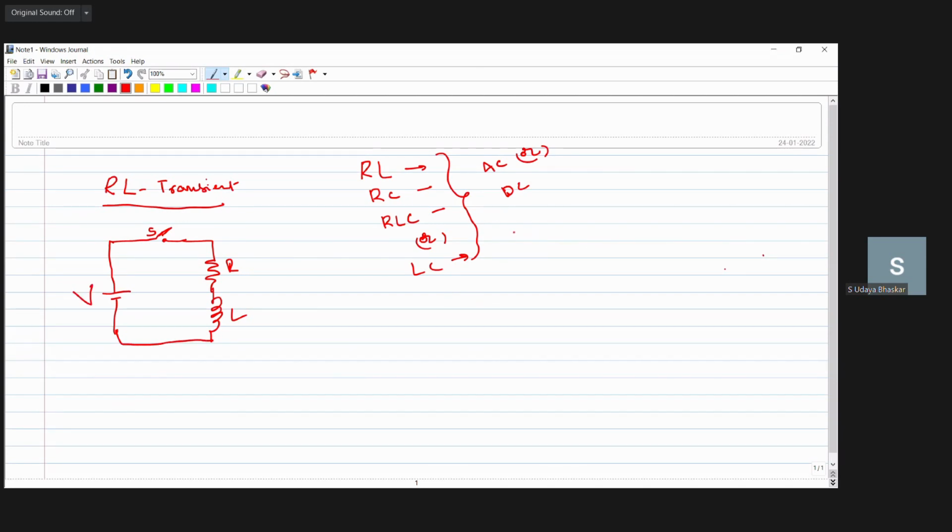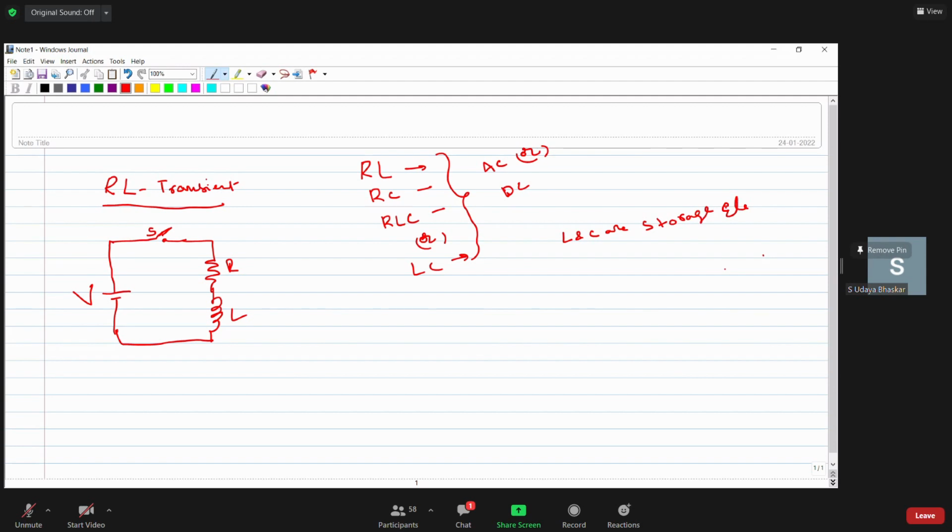L and C are storage elements. These storage elements will not allow sudden changes. If you give current, the inductor will not allow a sudden change of current through it.